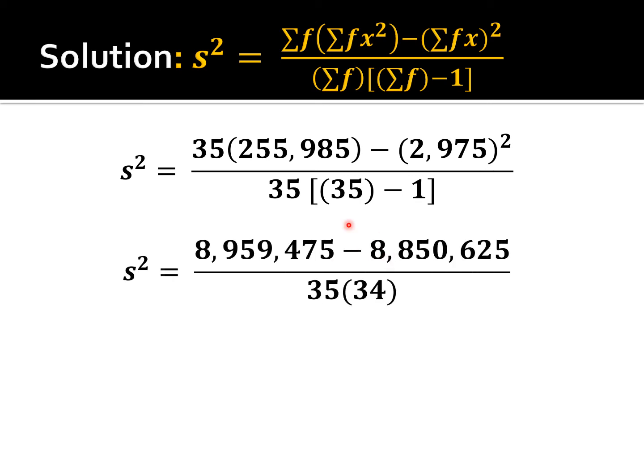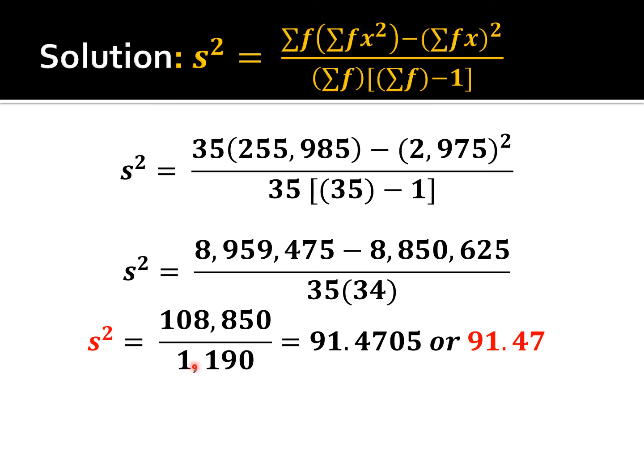And then simplify further, we have the product of 35 and 255,985, which is 8,959,475, minus the square of 2,975, which is 8,850,625, divided by 35 times 34. 35 minus 1, so we have 34 here.